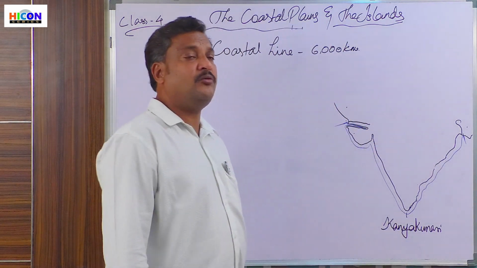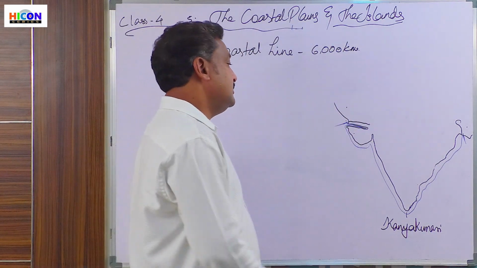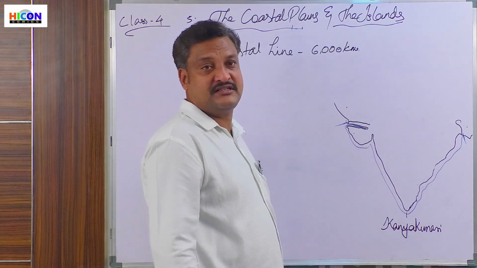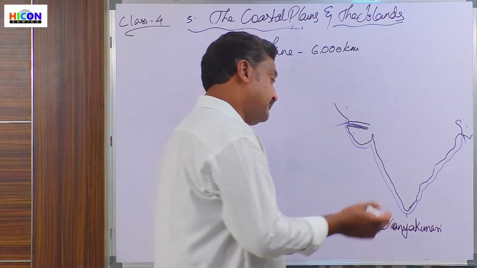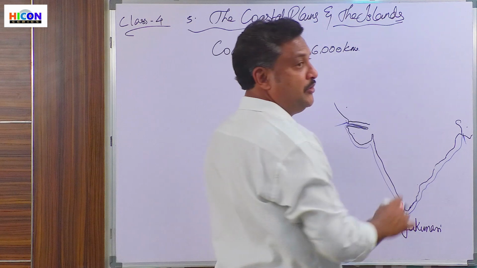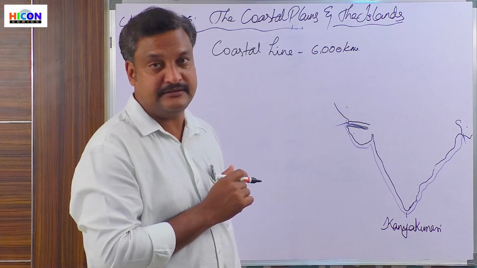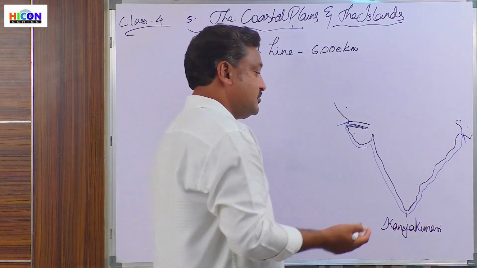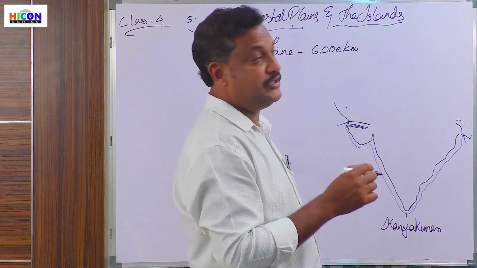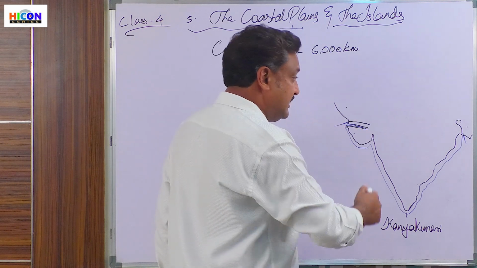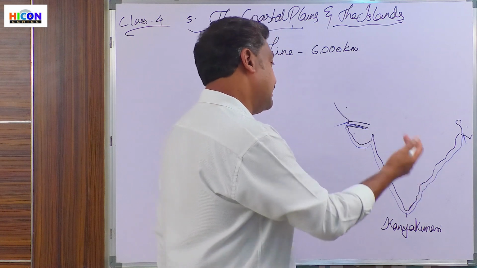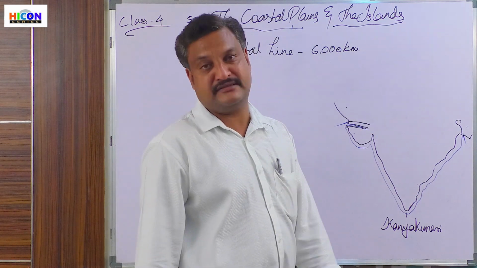Kanyakumari is a place where the western side of the coastal plain comes to an end, and from there it takes a turn and goes up to the north on the eastern side of India. So we have two coastal plains actually, and this coastal area in India lies on both its east and western sides.